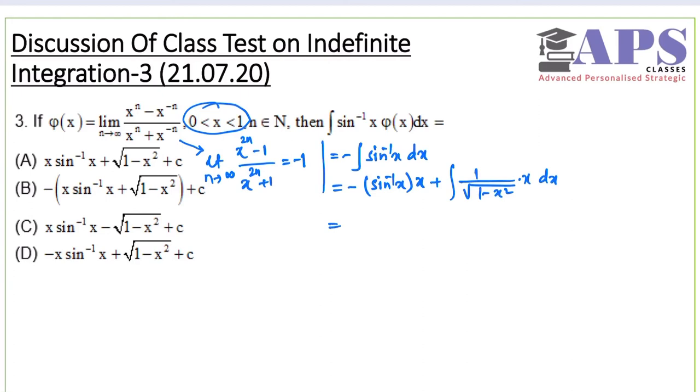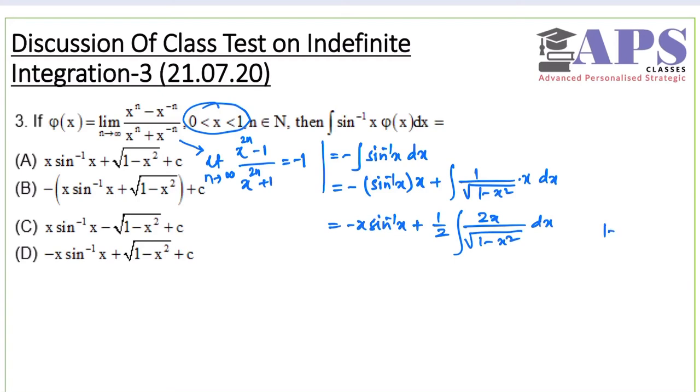So this is minus x sine inverse x, and then plus that 1 can be written as 1 by 2, 2x by root under 1 minus x square dx. Okay. So this can be solved by substitution, or you can even do it directly. Let's take some substitution here.